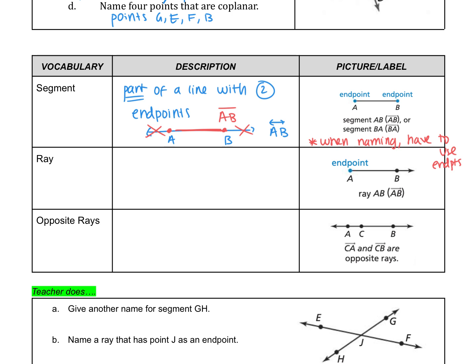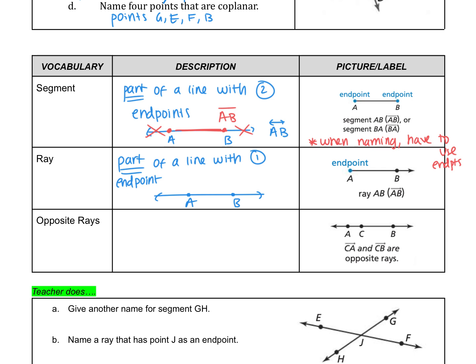Okay. A ray is related. A ray is, again, part of a line. It only has, though, one endpoint. So let's start with our same line from above, this line AB.